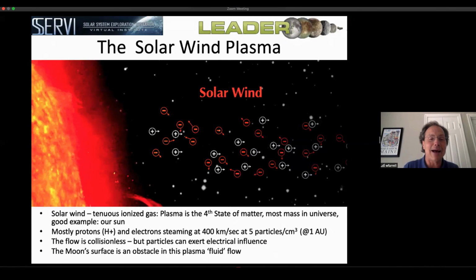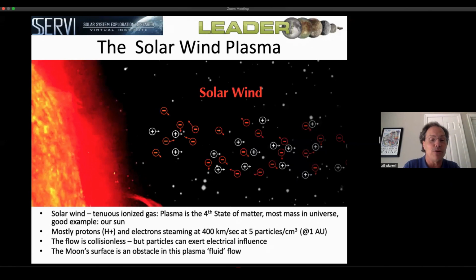The plasma flow, which consists of protons and electrons, is collisionless, but the particles do exert an influence on each other. You can almost think of it as a viscosity through their electrical forces. For example, if you displaced a set of electrons relative to the ions, there'll be an electric field that will draw those electrons back.